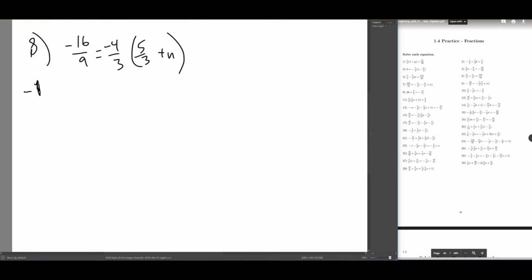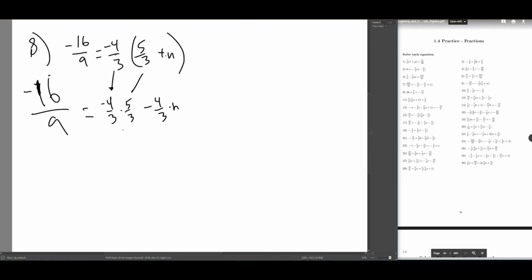All right, so this pretty much stays here, 16 over 9. So we can't add n's to 5 over 3. So what we're going to do is take this and multiply it by these two numbers. So we get minus 4 over 3 times 5 over 3, and then we get minus 4 over 3 times n.